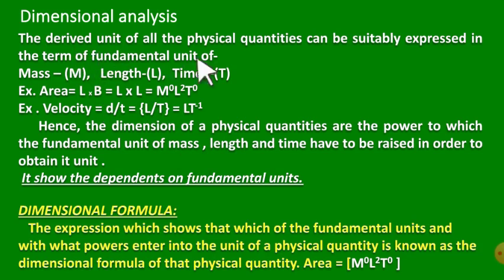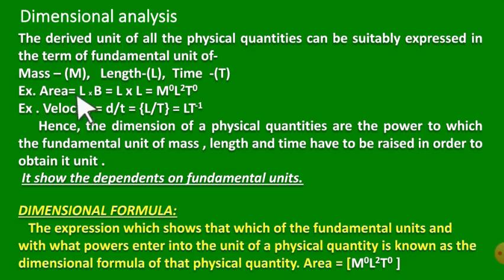Now, to find the derived units of a physical quantity, we can express all the derived physical quantities in terms of these fundamental units. How do we express it? Suppose you want to find area.